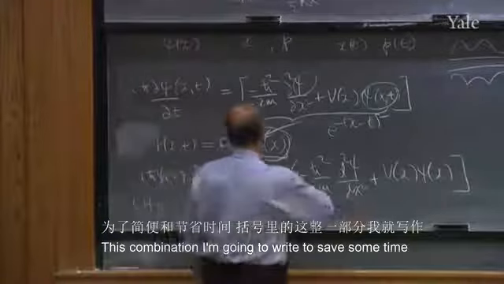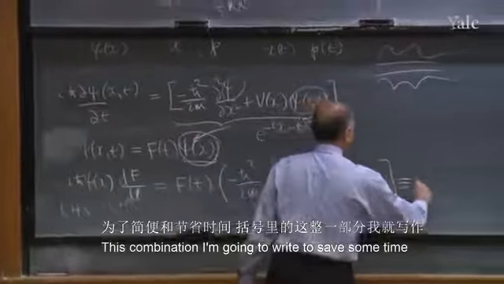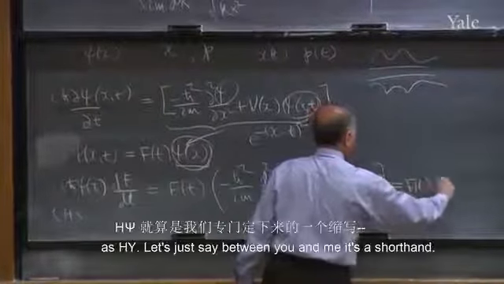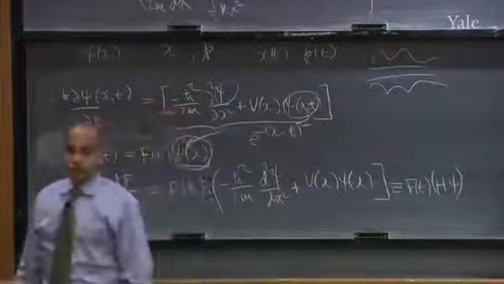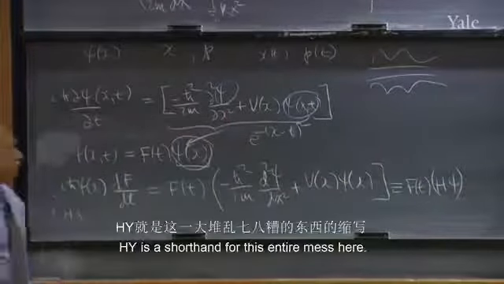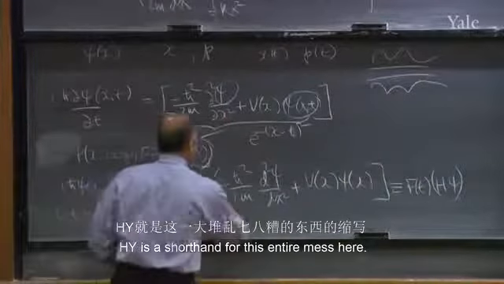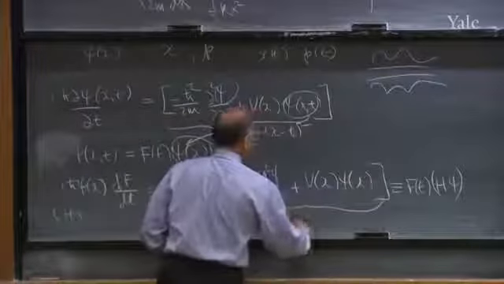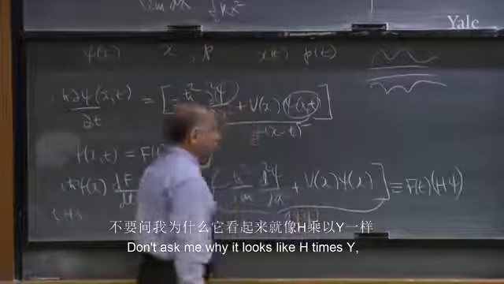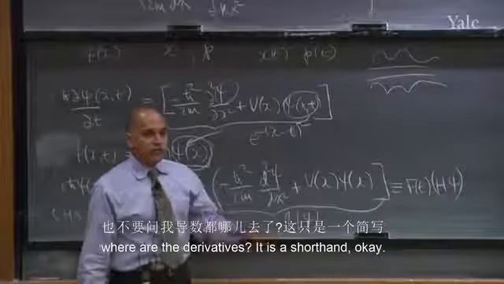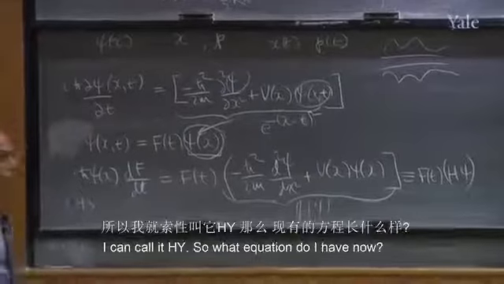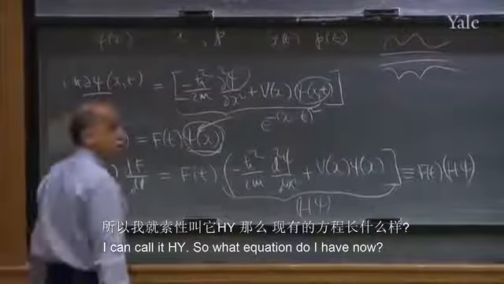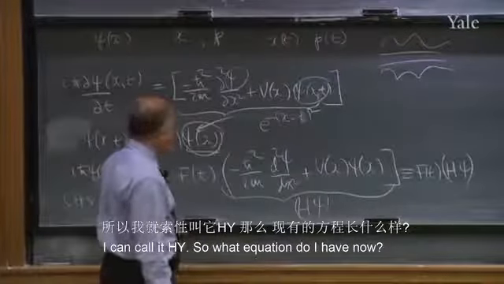This combination, I'm going to write, to save some time, as h psi. Let's just say between you and me it's a shorthand. h psi is a shorthand for this entire mess here. Don't ask me why it looks like h times psi, where are the derivatives. It is a shorthand. Okay? If I don't feel like writing the combination over and over, I can call it h psi.